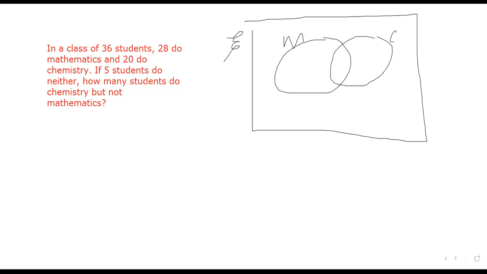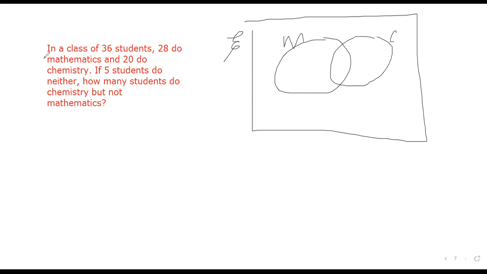Looks like it's an empty set. We'll start by putting the 5 outside, because 5 is neither in those 2 sets.